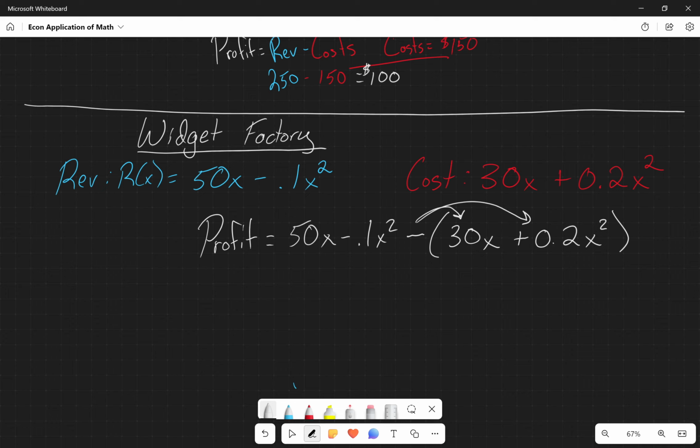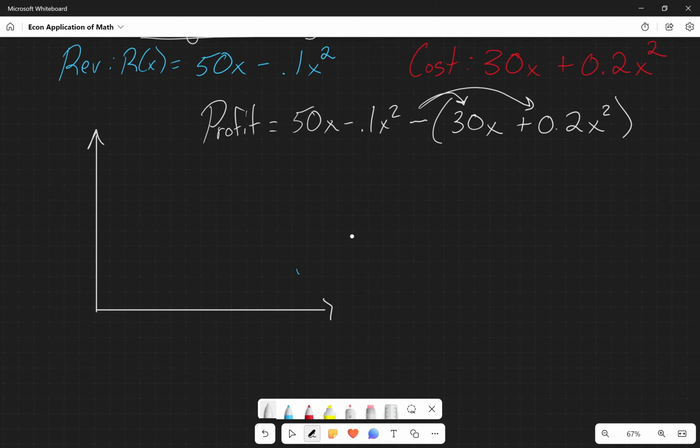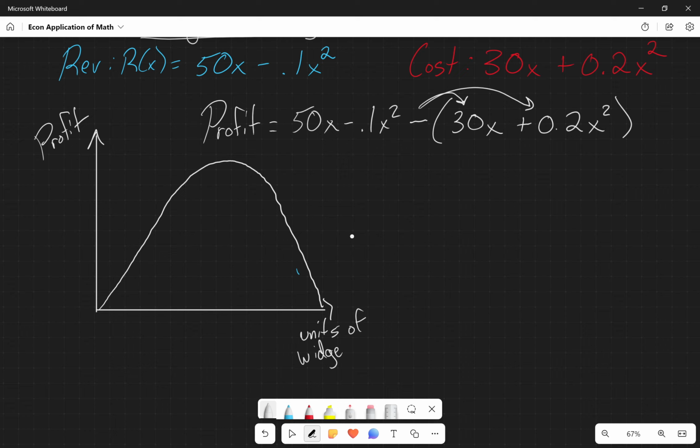These profit functions start out small and they peak at a certain area and they come back down. And this is units of widgets. So what we're trying to find, right, is the place where the maximum is, the local maximum.